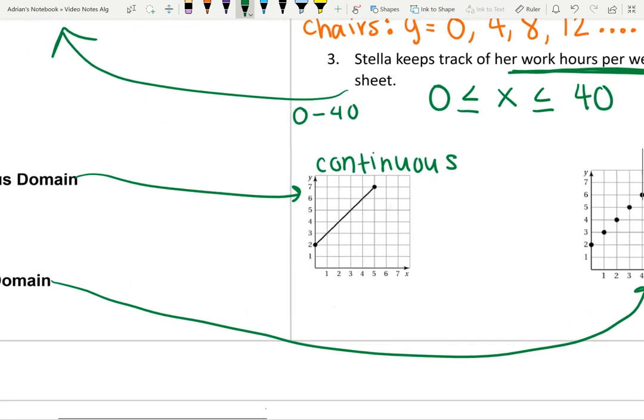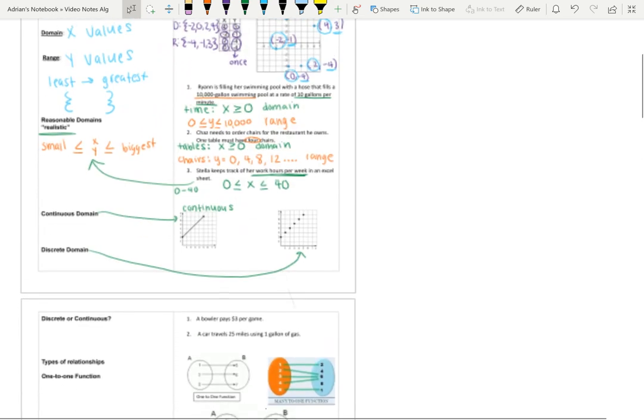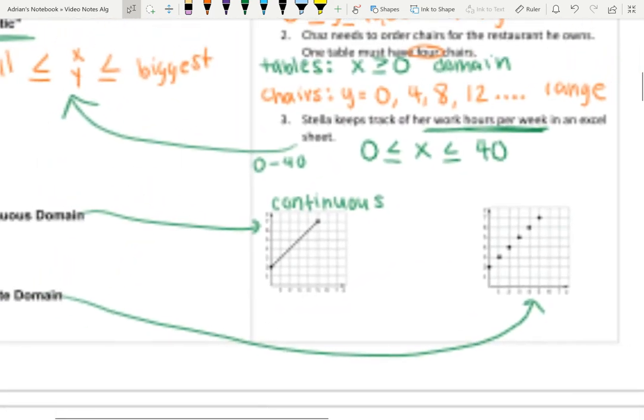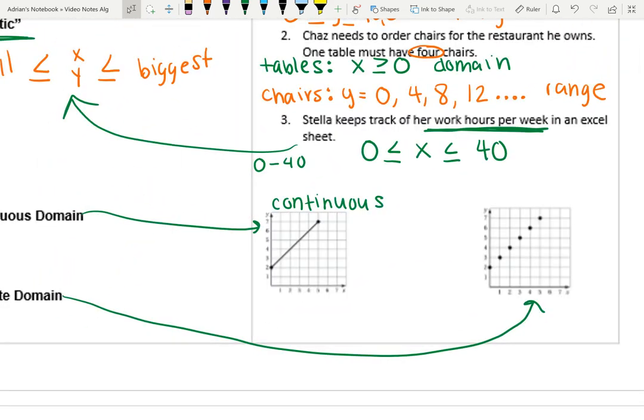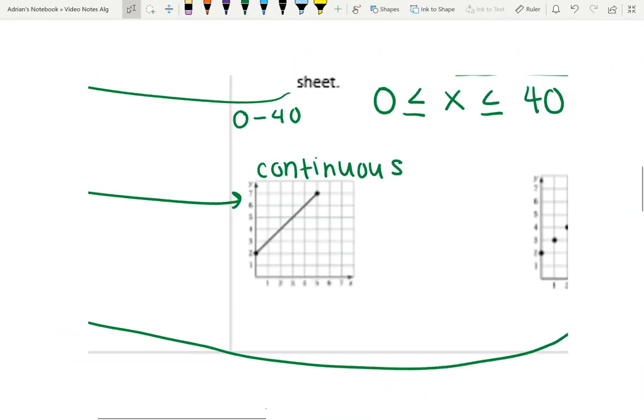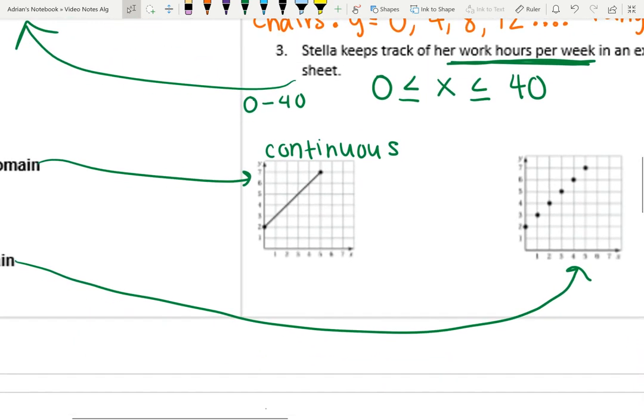So if we zoom in here, it's kind of blurry now. Okay, well, there we go. If we're zooming in here, you can see that we could go over to 1.1 and have a value. We could go over to 1.2, have a value, 1.3, and so on.